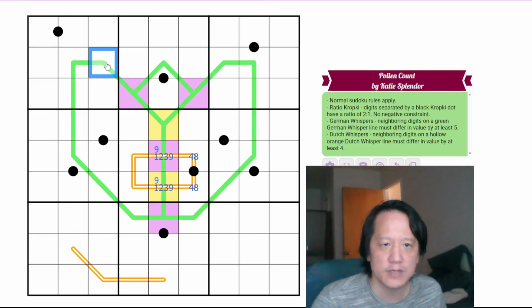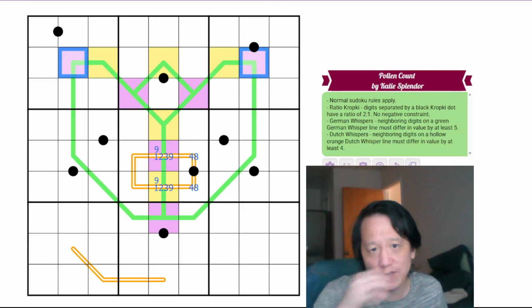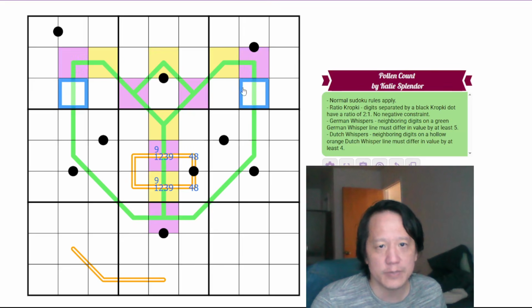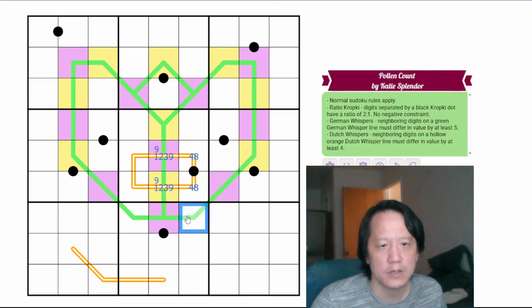These pinks make these all yellow. The yellow digits here mean the next ones on the Whisper 5 lines are pink. That makes these yellow, pink, yellow, pink, and these are yellow to the pinks.